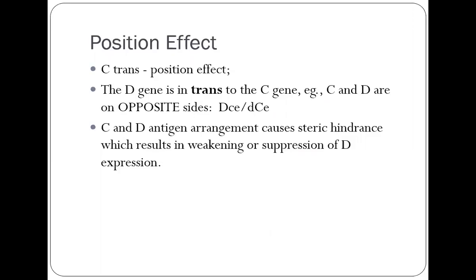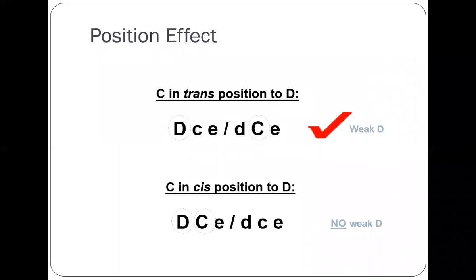I talked about the position effect where the C and the D arrangement, because they're on opposite haplotypes, cause what's known as steric hindrance, and it results in a weakened or suppressed D expression. So right here, we're talking about the D is on the one haplotype and the C is on the other haplotype.